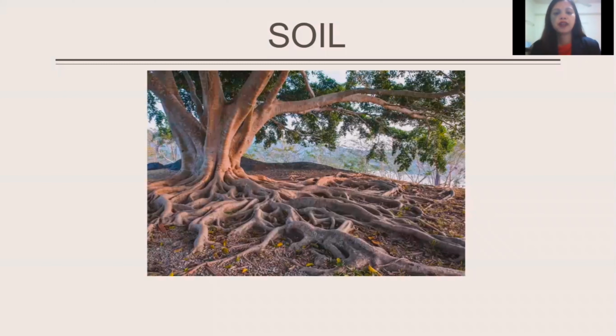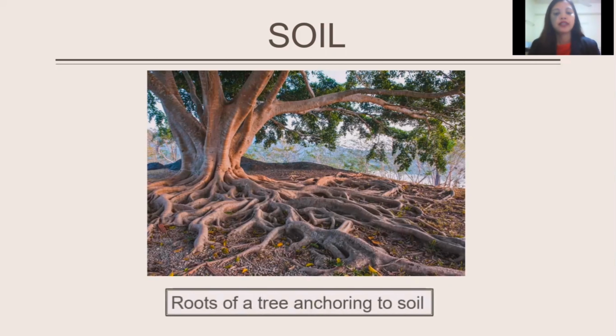For example, how do you think the roots of these plants interact with the soil? The roots of a tree anchor to the soil. So the soil provides support to the plant and gives nutrients to the plant in order for it to grow.